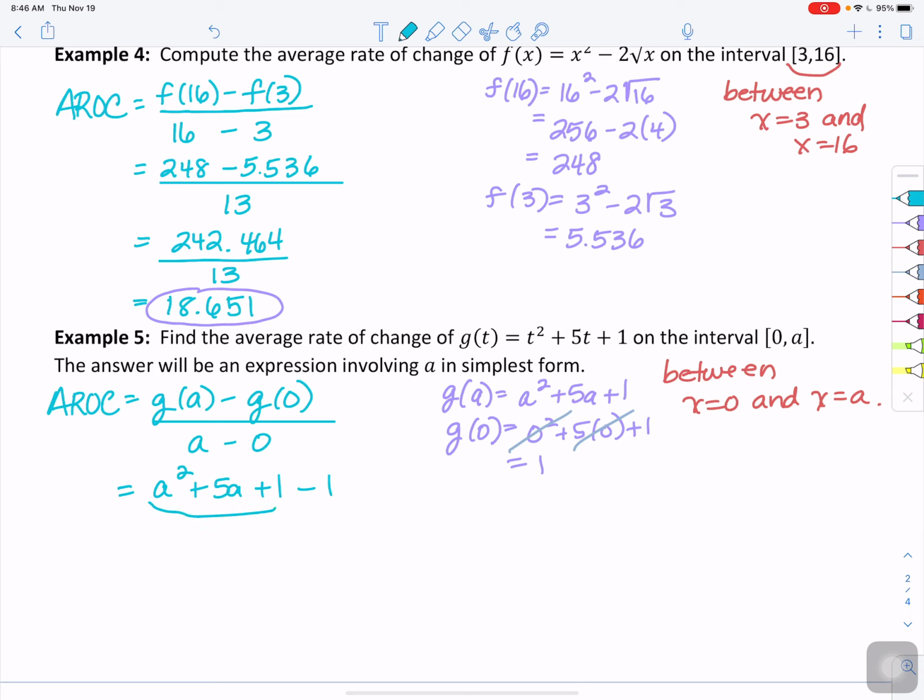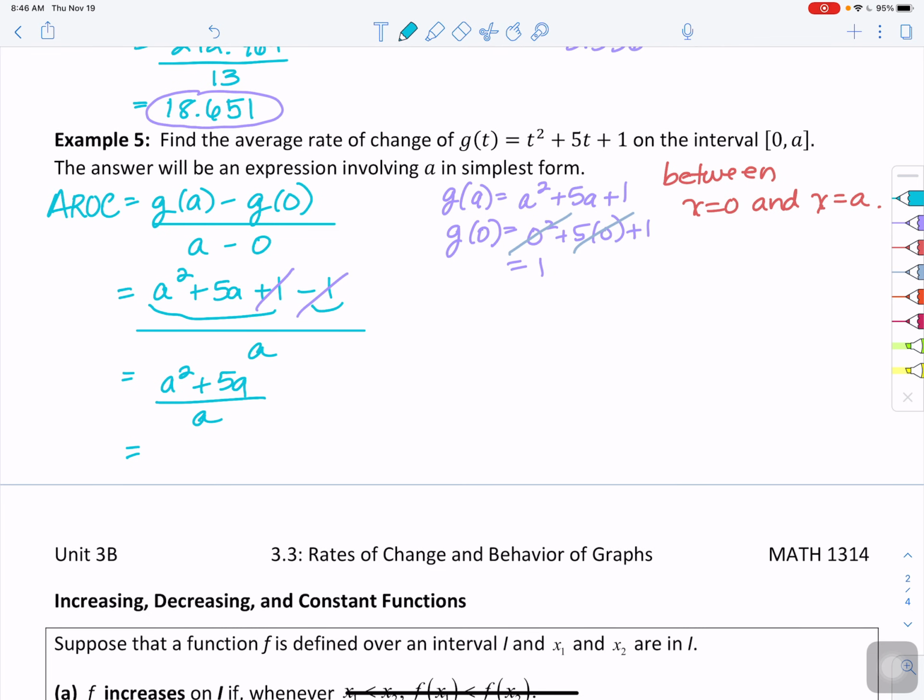So this is g of a, and this is g of 0, all over a. And we end up with a squared plus 5a over a. And let's divide each numerator by a. So we have a squared divided by a plus 5a divided by a. And we get a plus 5. And that concludes this first part of section 3.3.